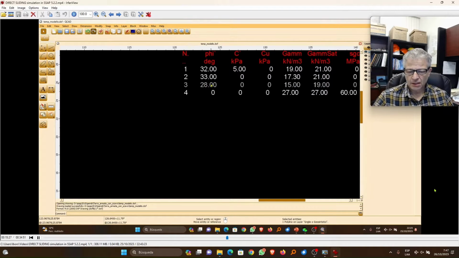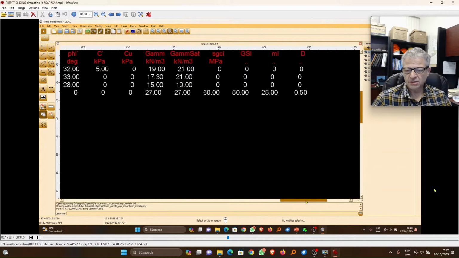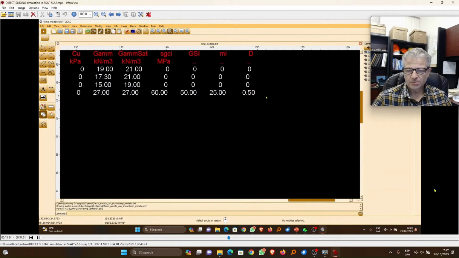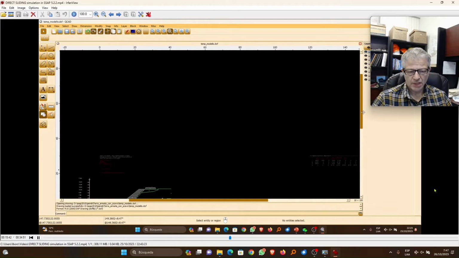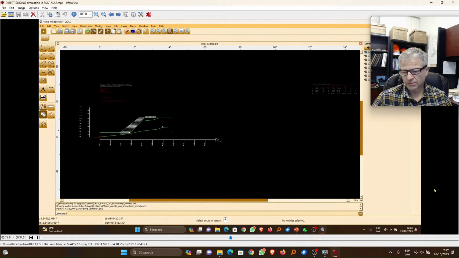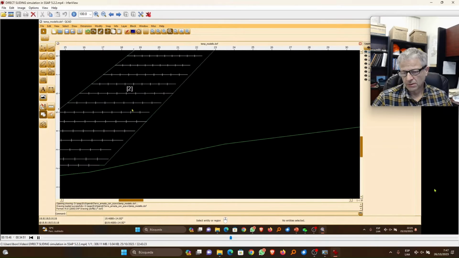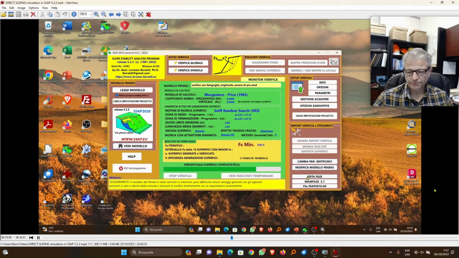The external slope of the berm is 38 degrees. And these are the parameters of the rock bedrock with GSI methodology in continuum domain for rocks. So it's very strong bedrock.